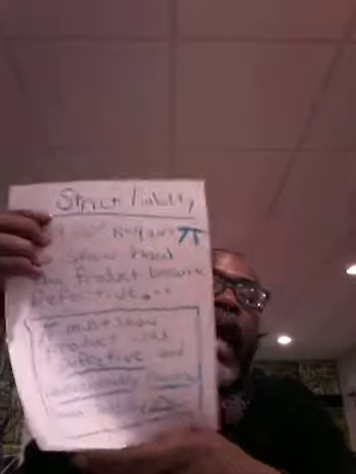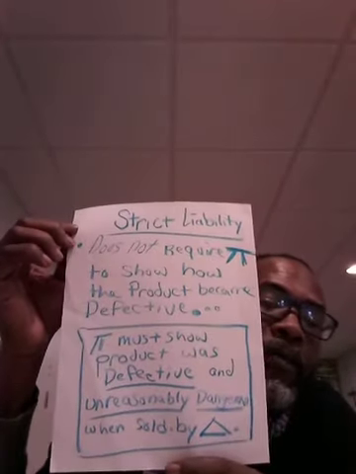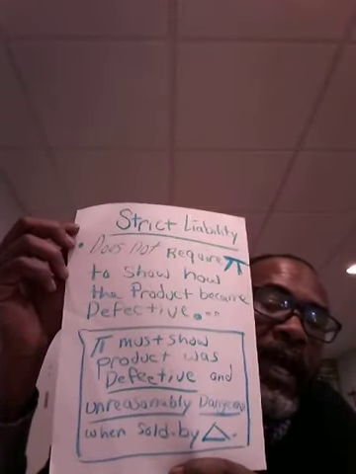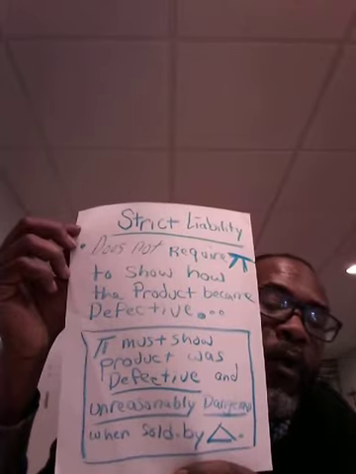It's simply a part of negligence that you show this. Strict liability, however, doesn't require us to show how the product became defective. However, we have to show that the product was defective and unreasonably dangerous when sold by the defendant.